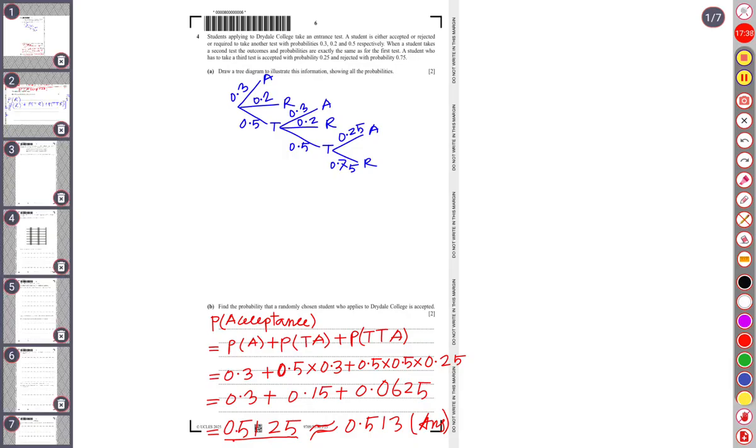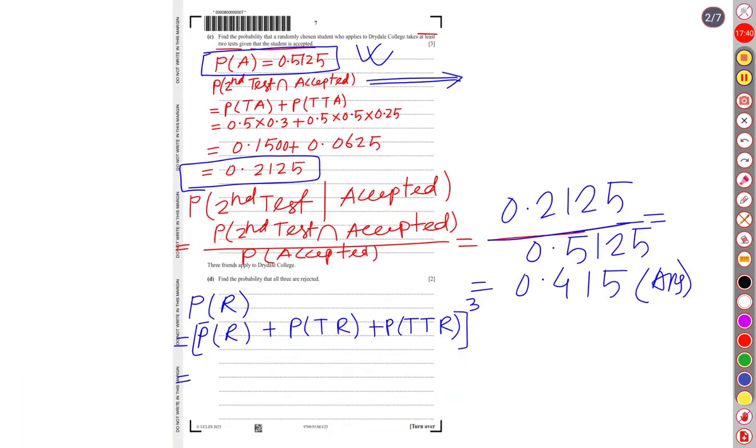Let us get sure. Rejecting in the R is 0.2, the second one is also 0.2, the third one was 0.75. So it is 0.2 plus the first probability of taking the retest is 0.5, then rejection was the same 0.2, plus the first one was retake 0.5, sorry, it was 0.5.